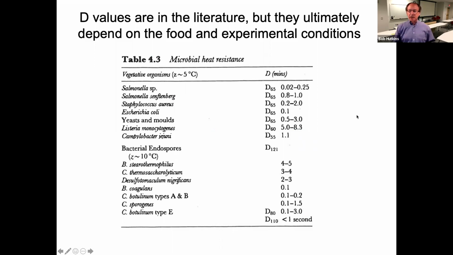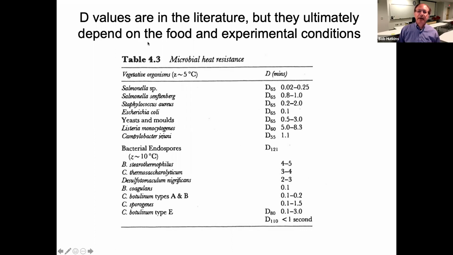Now I said before, when you're trying to determine thermal kinetic parameters, you can't look them up. Well, you sort of can go to the literature. This is from an older textbook, and it has D values for all these microbes, vegetative microbes and spore microbes. So you can kind of look them up, but this only gives you a general idea.